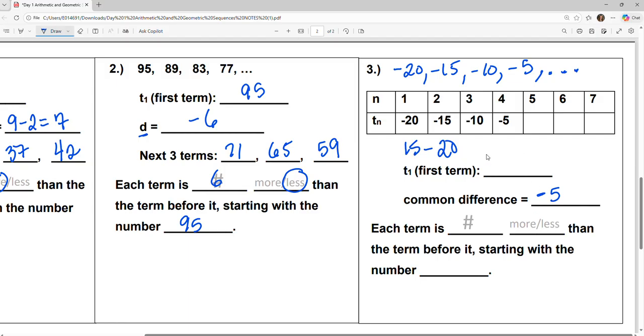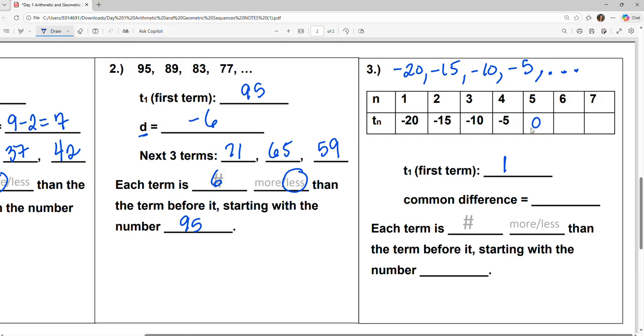So 15 minus 20 is going to give us minus 5 because we're going down. Oh, hold on. I take that back. I was correct. Got to make sure I'm backing up, because I did do the math correctly.